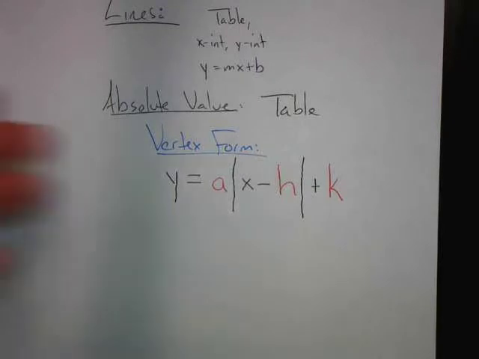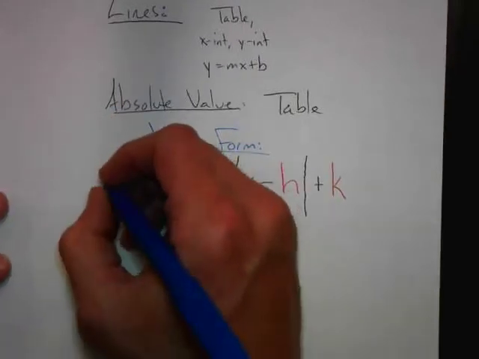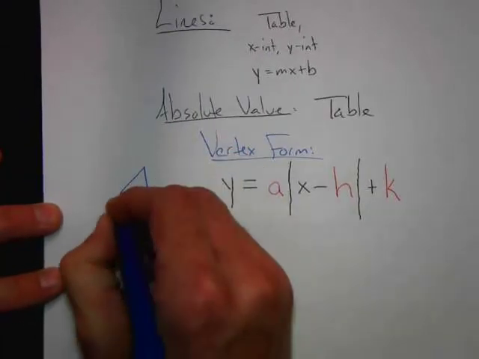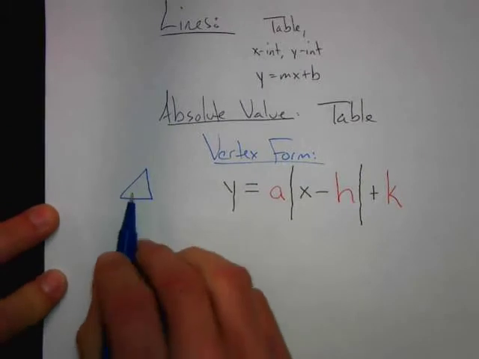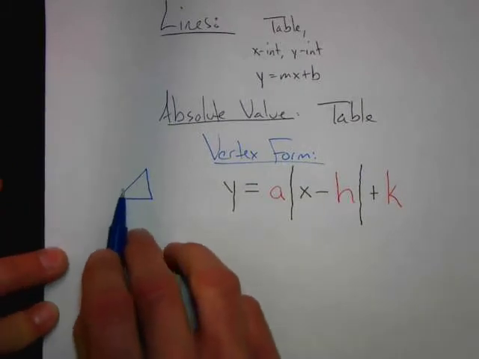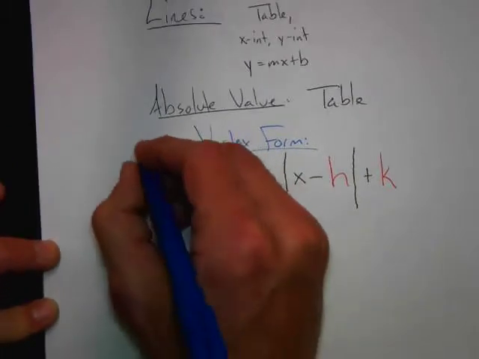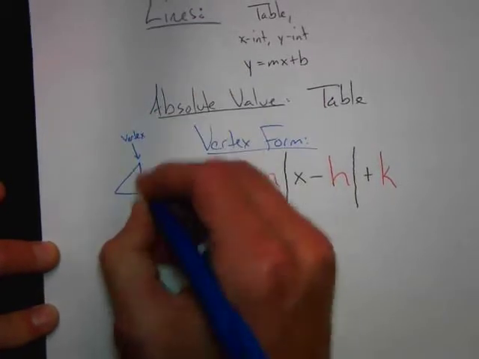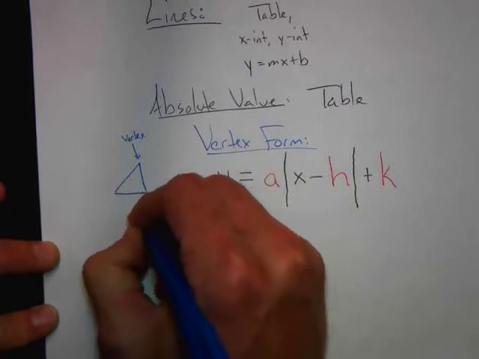First thing you need to know is what is a vertex. If you remember back in grade school, when you dealt with identifying, well, what is a triangle? A triangle is any shape that has 3 sides and 3 vertices, right? This is your vertex. In the case of the graph, the vertex is kind of the pointy part of the graph.